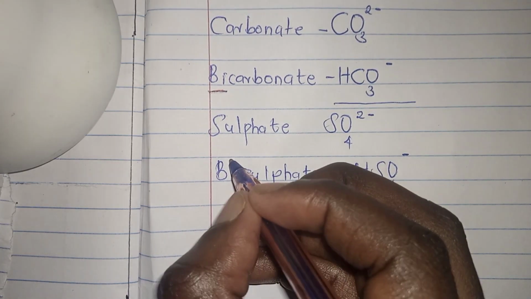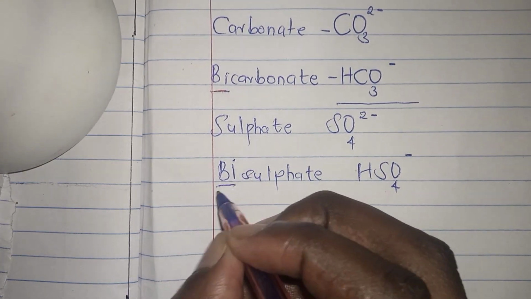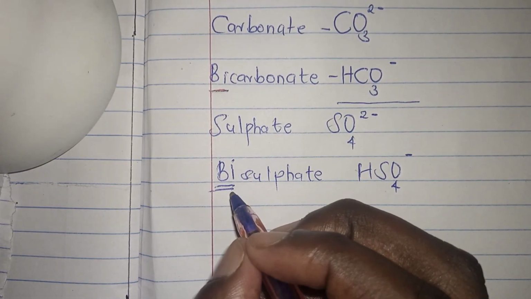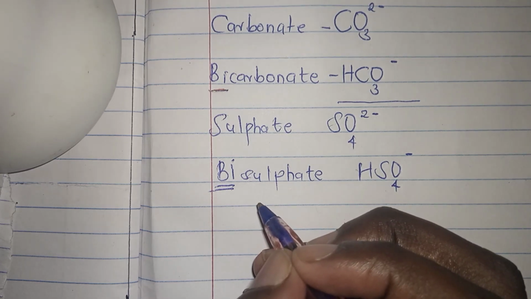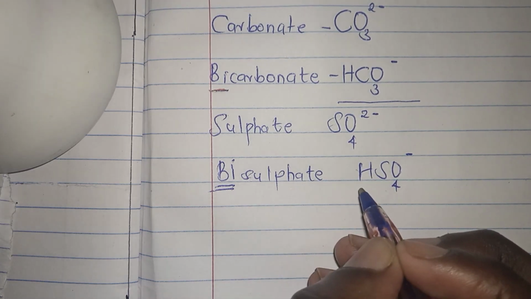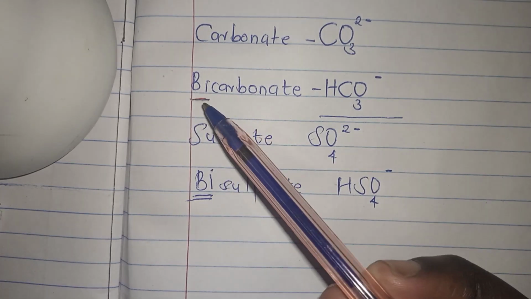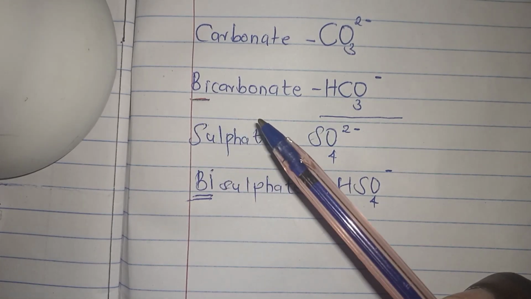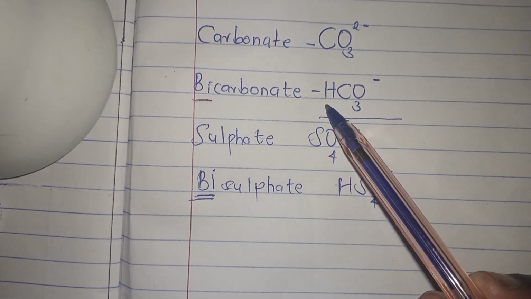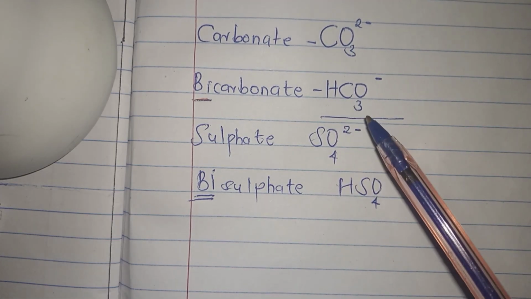This is now the prefix bi, which indicates the presence of a hydrogen atom. So whenever you see a prefix bi, know that it indicates the presence of a hydrogen atom in that radical.